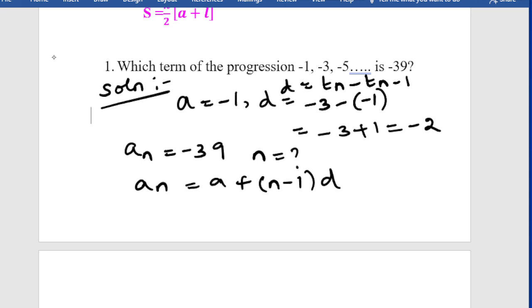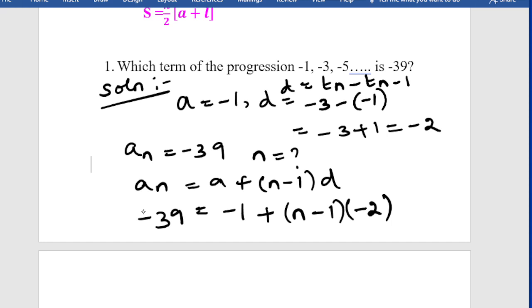So it is minus 1 plus (n minus 1) into minus 2. a_n is minus 39. We are finding the minus 39th term. What is n associated with minus 39?